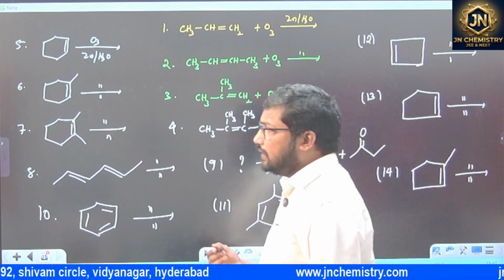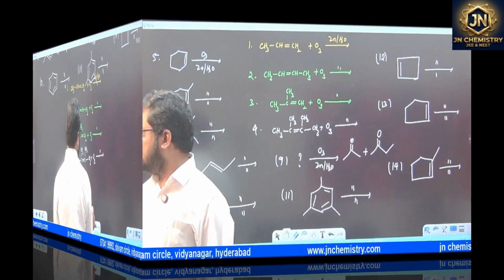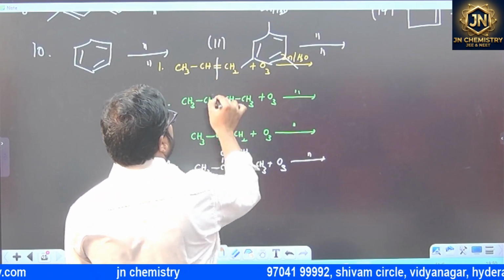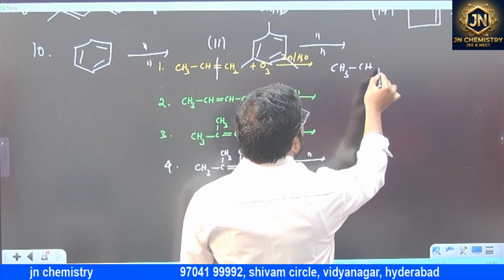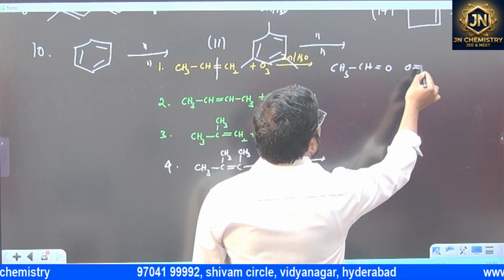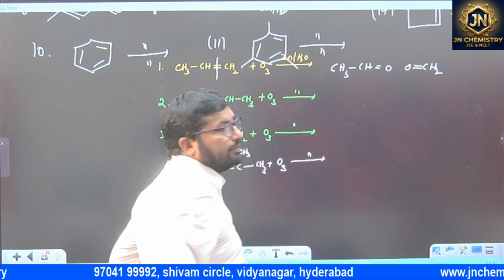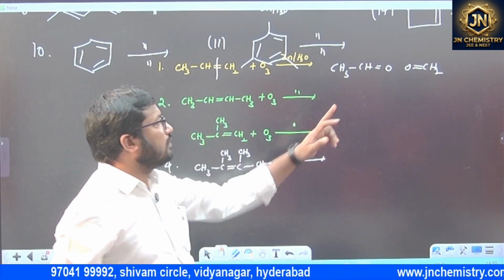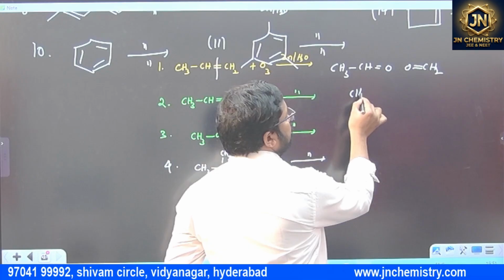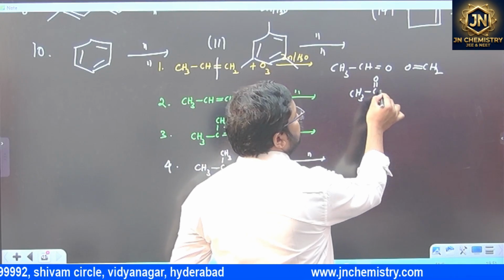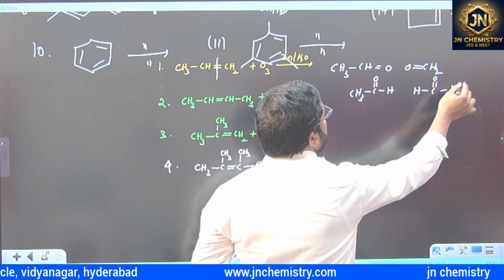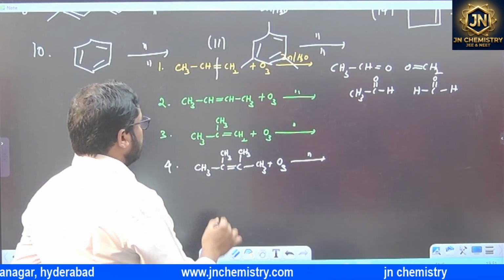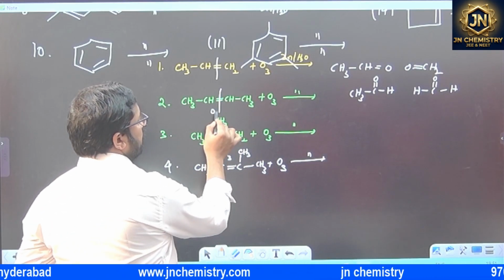Like that, any n number of compounds we can write. Right, in the first step we get CH3 CH double bond O, and CH2 double bond O. Nothing but what? This is acetaldehyde, this is formaldehyde. CH3, C double bond O, H, HC double bond O, H. In this case, add oxygens on both sides.